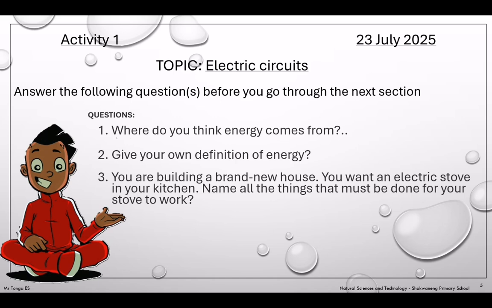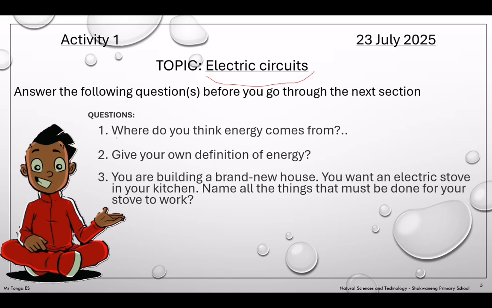Before we begin, I'd like us to go through this activity together. It says here, activity number 1, with the topic highlighted. They are saying answer the following questions before you go through the next section.